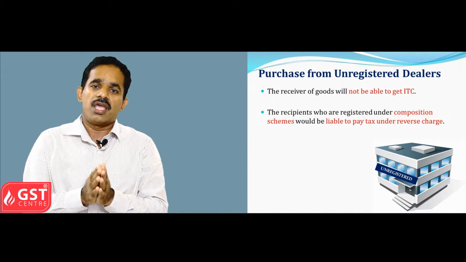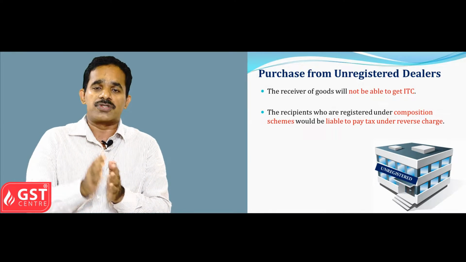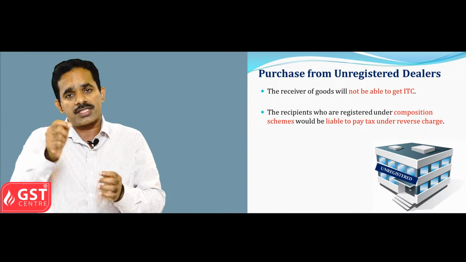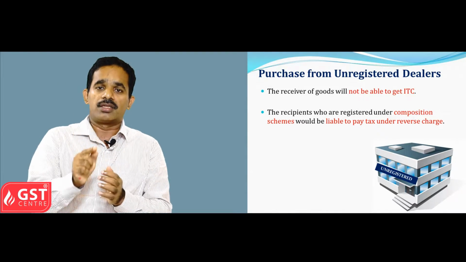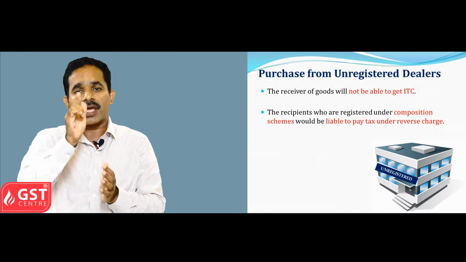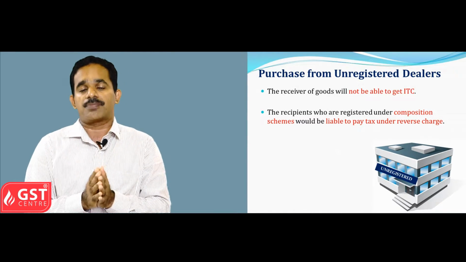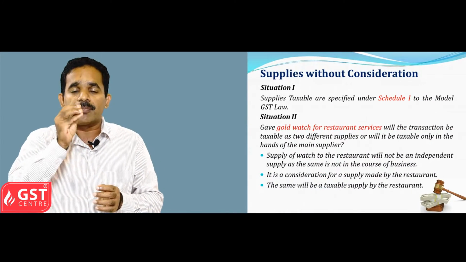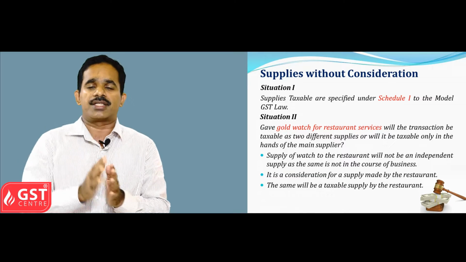That is, if a person is already registered under the GST law under the composition scheme, and if he buys goods or services from an unregistered dealer, then the buyer has to pay GST, that is goods and services tax, under reverse charge mechanism. There can be certain supply that is made without a consideration.